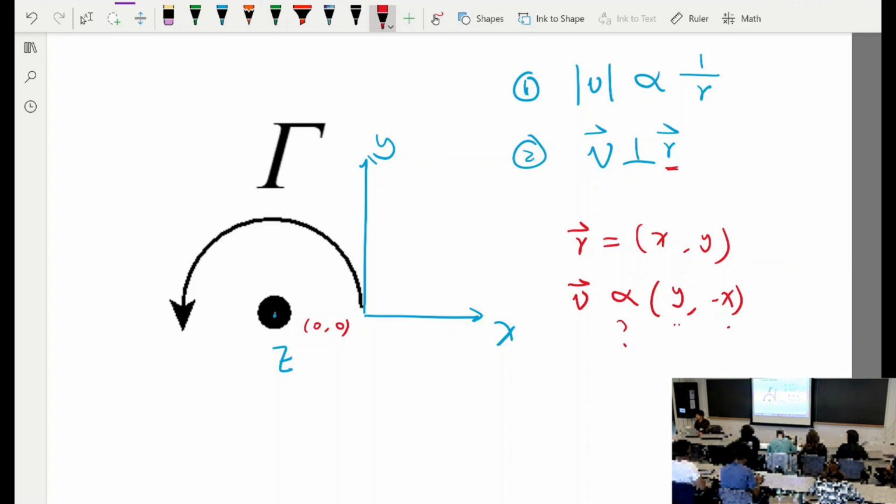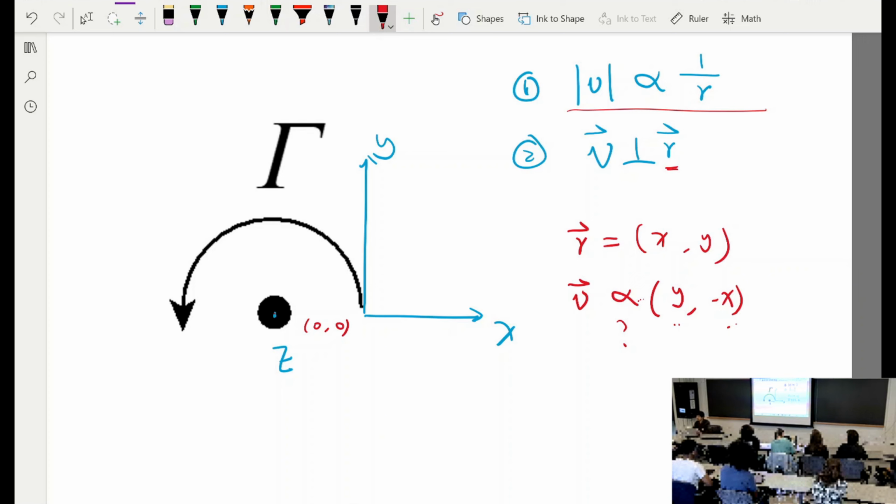The magnitude of this is exactly r, because they're just switching x and y and putting a different sign. So for the coefficient to make this true, with the entire magnitude being proportional not to r but to 1 over r, the proportionality constant has to be 1 over r squared.